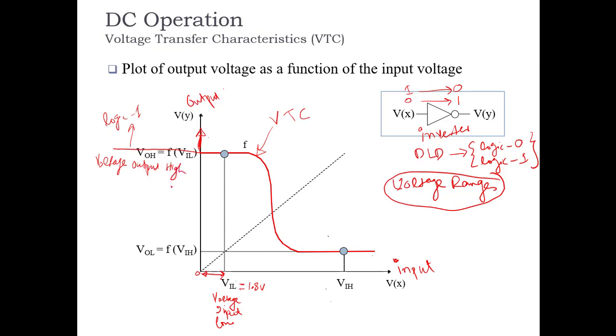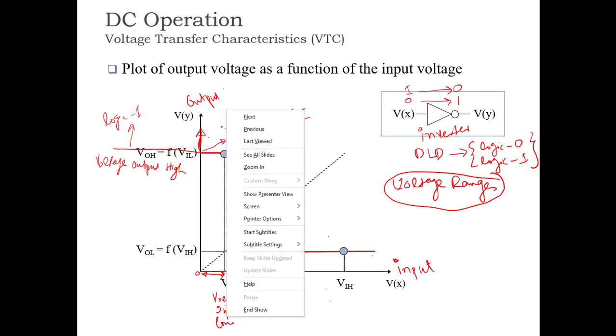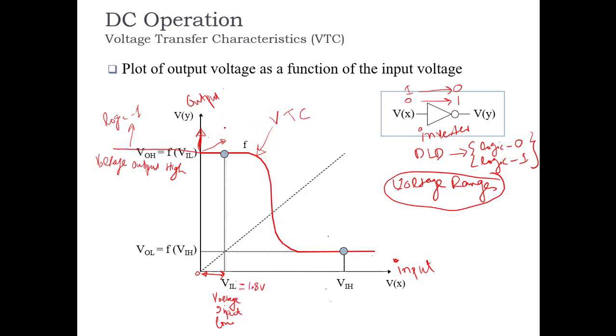So this is the voltage that will be used for a high output. For example, I may say that VOH for my NOT gate is, let's say, 3.8 volts.